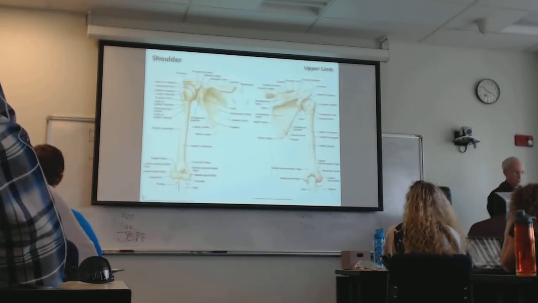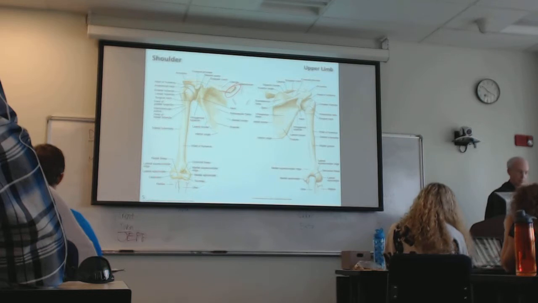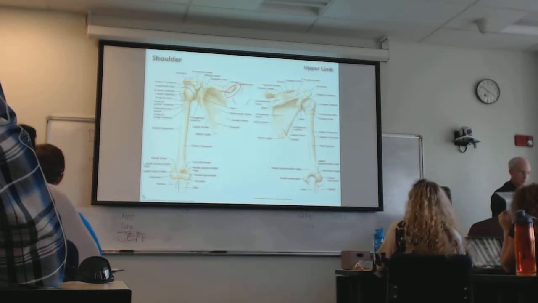We saw previously, this is the clavicle in situ up here. So there's going to be a surface that attaches to the upper sternum, and then a surface that attaches to the acromial process of the scapula.